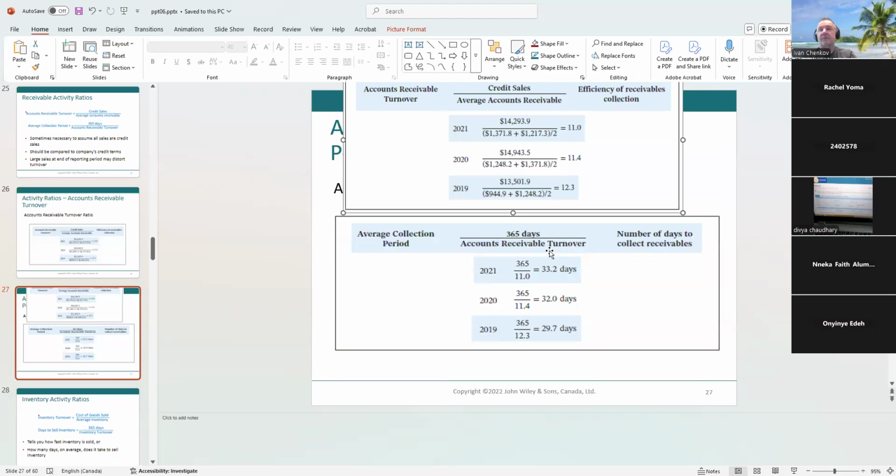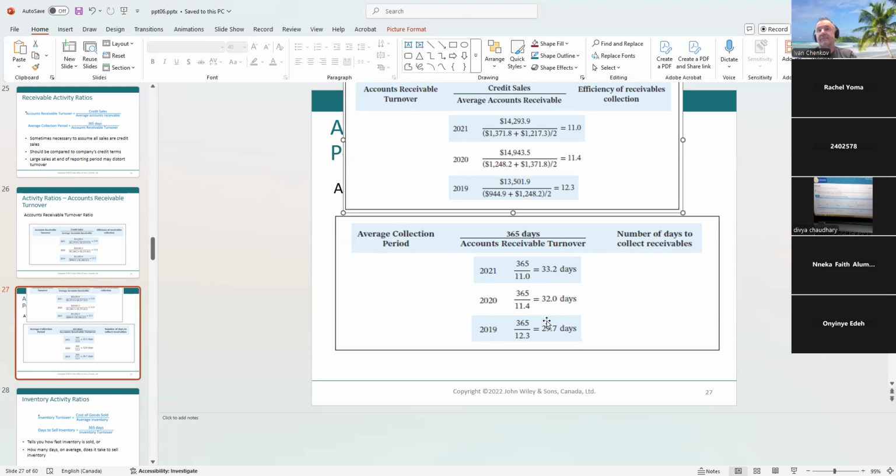So basically, when we are making decisions, we need to think about this average collection period, not the accounts receivable turnover only, right? Well, listen, the accounts receivable turnover is used to calculate the average collection period. Both are useful, but if you don't have the accounts receivable turnover, you cannot get the average collection period.